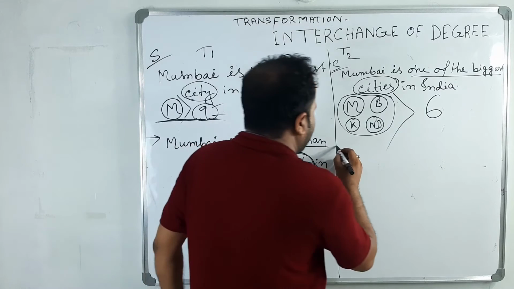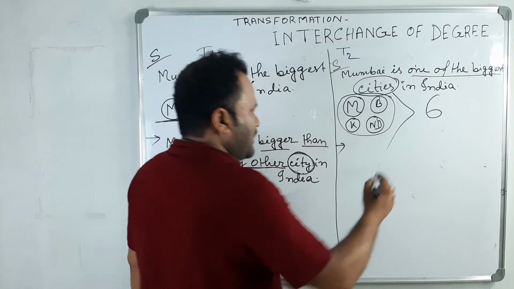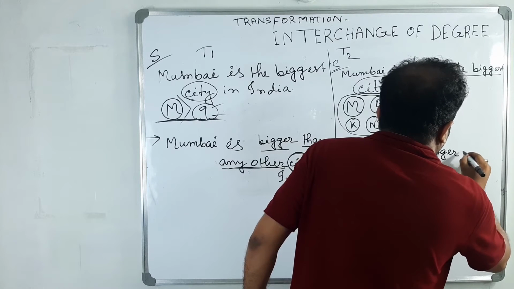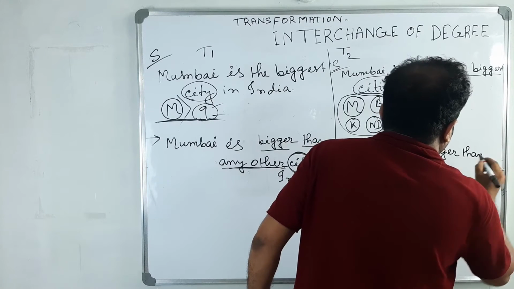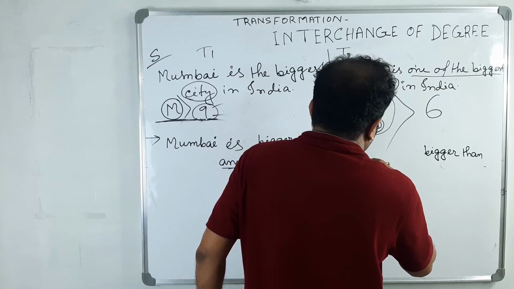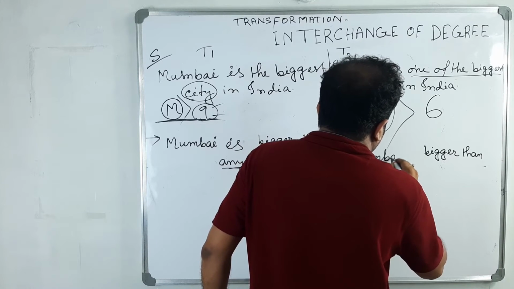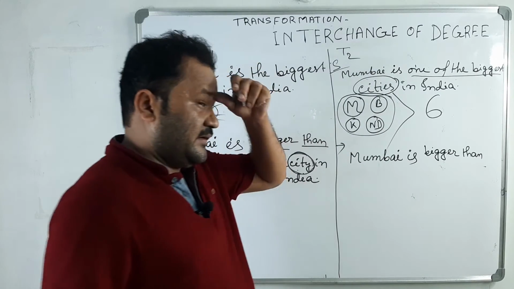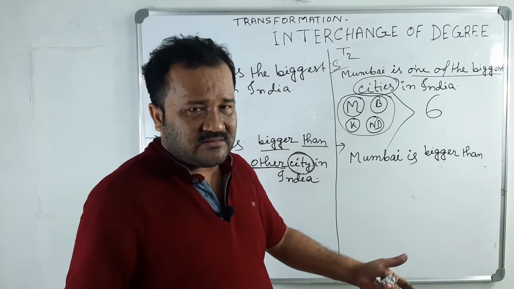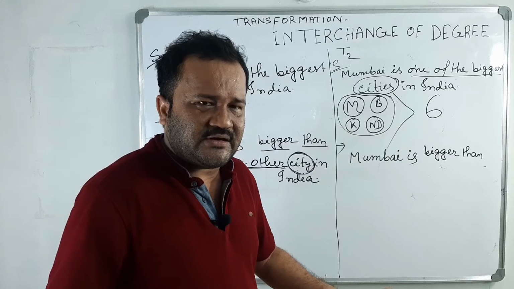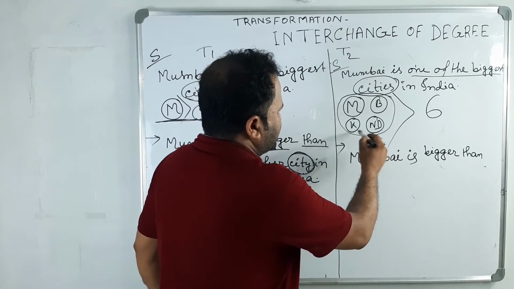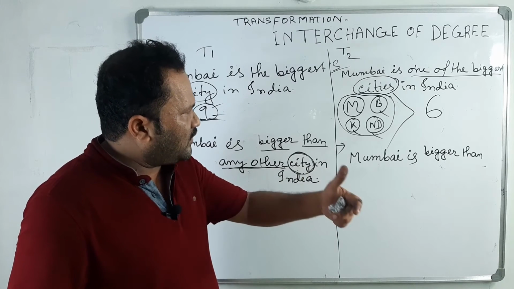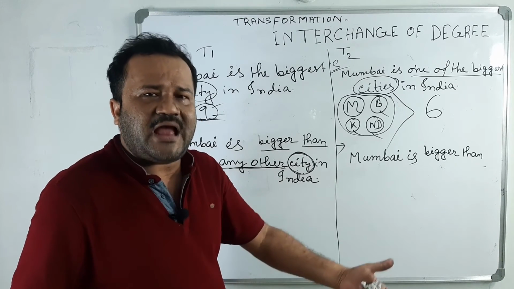Now in the comparative degree again, bigger than, we can write Mumbai is bigger than. Can you write any other city? No, there are a few other cities which are as big as Mumbai. मुंबई की तरह और 3 बड़ा सिटी है.